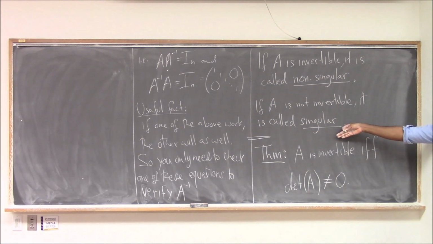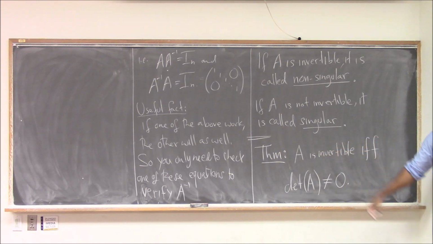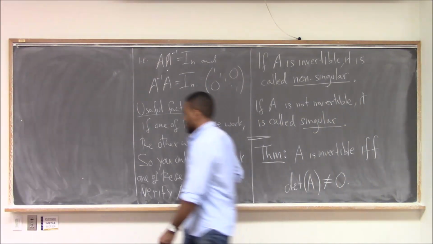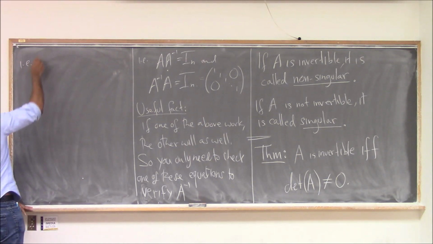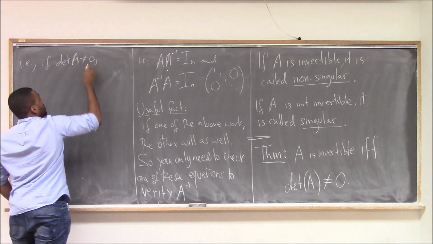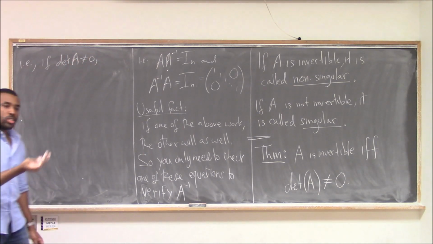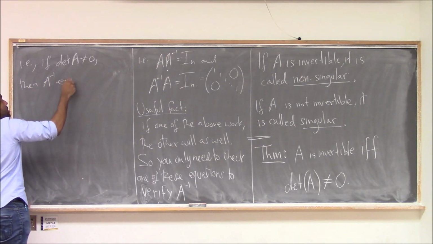Meaning, if you know there's an inverse matrix for the thing, it means the determinant of the original is not 0. If you know the determinant of the original is not 0, an inverse exists somewhere. I.e., if the determinant of A is not 0, then I know I can find a matrix B that fits the previous definition.